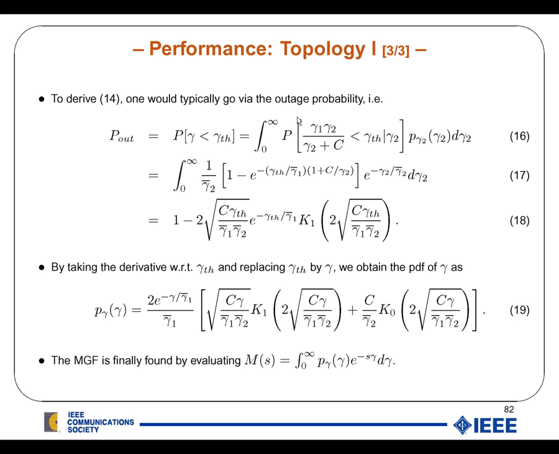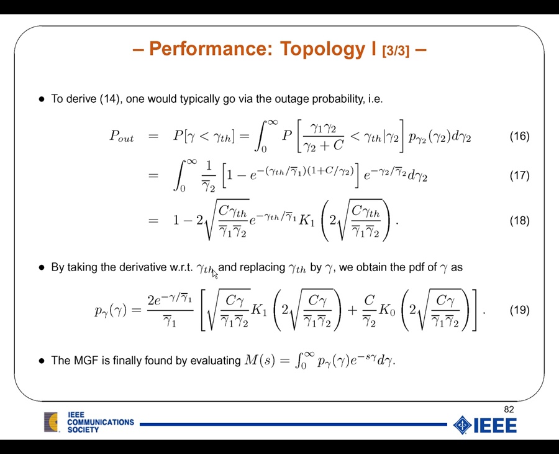Now that term here, that probability here, is nothing else but the CDF of my first link given gamma 2 fixed, which, if you do the mathematics assuming Rayleigh fading channels, is that expression here given in these brackets, and then you multiply that by the PDF of gamma 2, which is that expression here, and you integrate this and arrive at that term here.